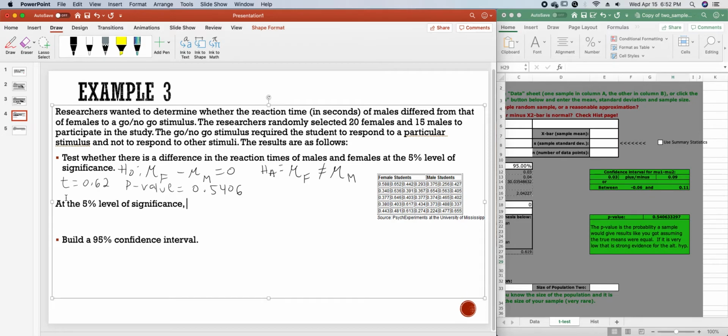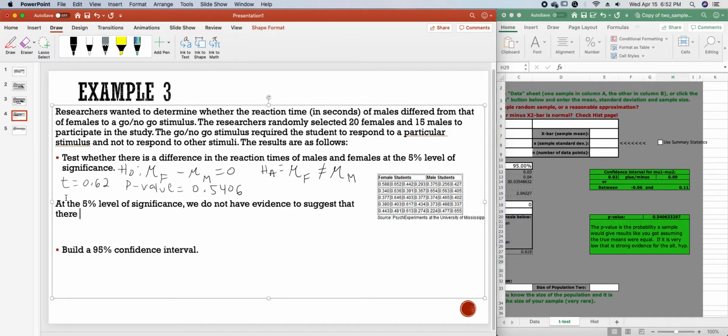So this will be, we do not have evidence to suggest that there is a difference between female and male reaction times.